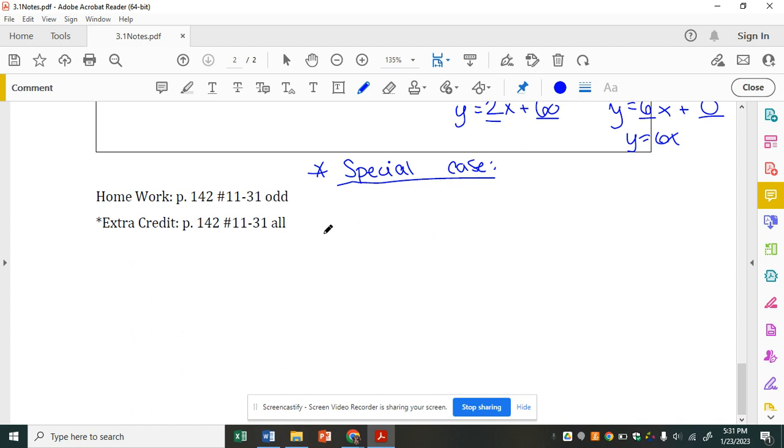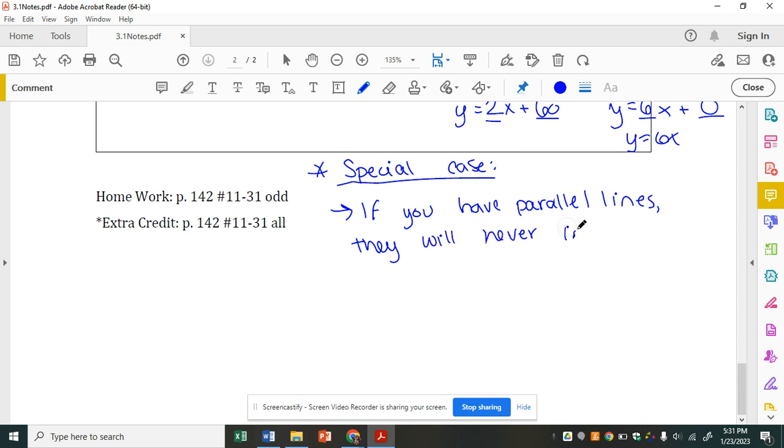Okay. So if we think of these systems of equations, right, and we're trying to find the solution, and the solution is where my lines intersect, we have to think about parallel lines. Because if we have parallel lines, they never intersect. Right?